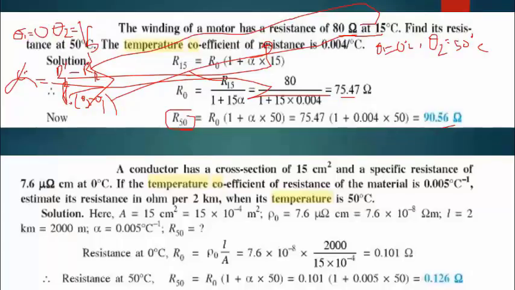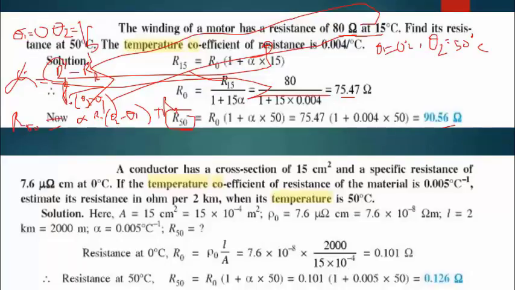Then we can solve this simply: if you make this the subject, you get R at 50 equal to alpha R naught times (theta 2 minus theta 1), plus the resistance at the first temperature.